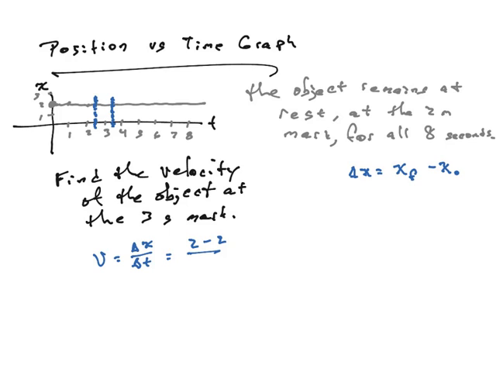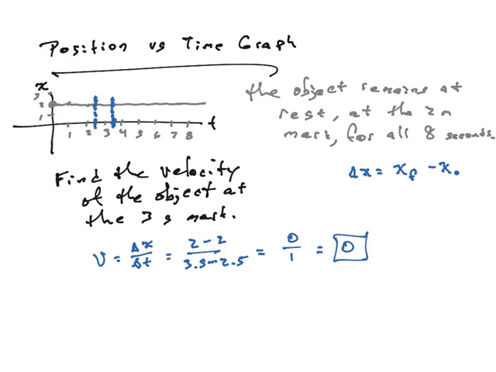Well, let's say from 3.5 minus 2.5 second mark. Right? So here, let's say that's about 3.5. This is about 2.5. So there's my numbers. 2 minus 2, that's 0, over 3.5 minus 2.5 is 1. 0 over 1, that's just 0.